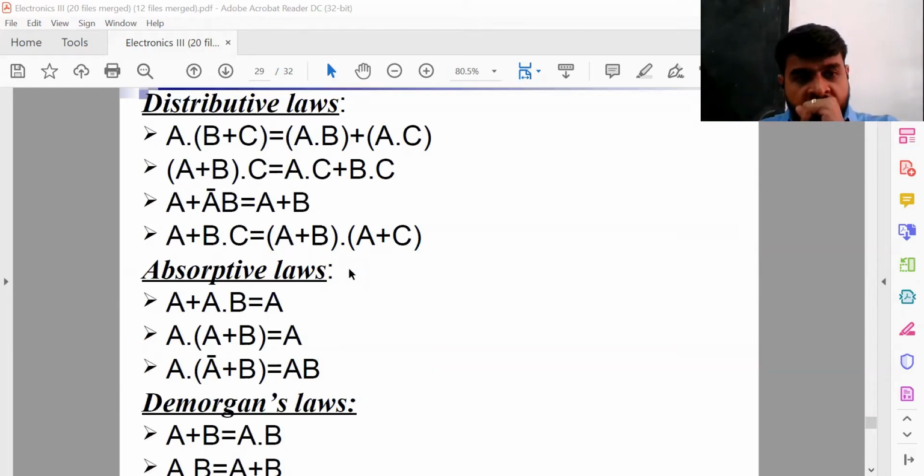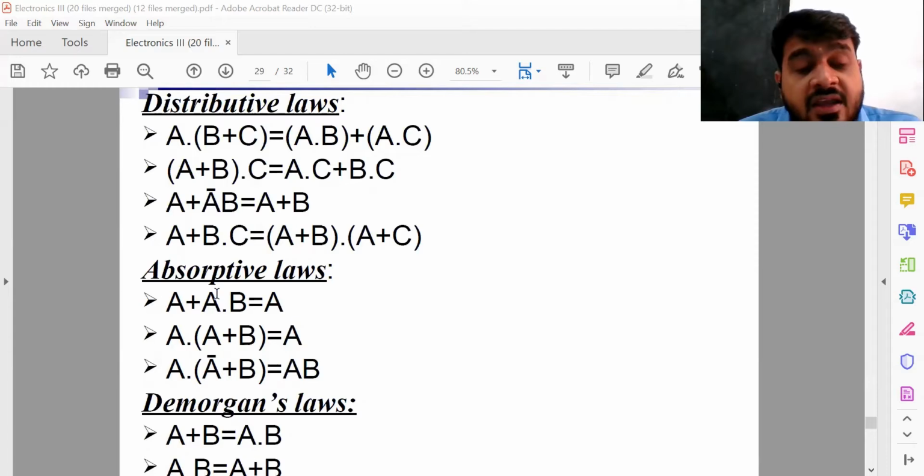So the absorptive law is nothing but A plus A dot B is equal to A. If I take A common, what will be left? 1 plus B. 1 plus B is nothing but 1 in OR law, since 1 plus 0 is 1. So that's why we get A. Similarly, A dot (A plus B) is equal to A. How will it be?